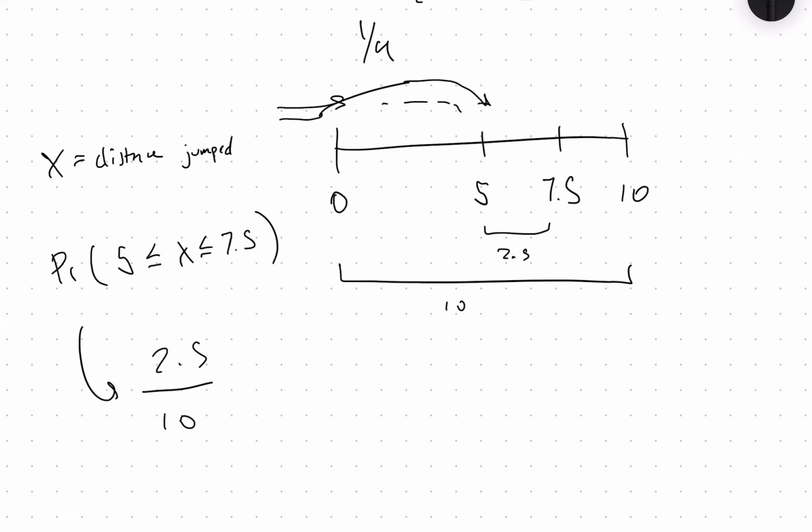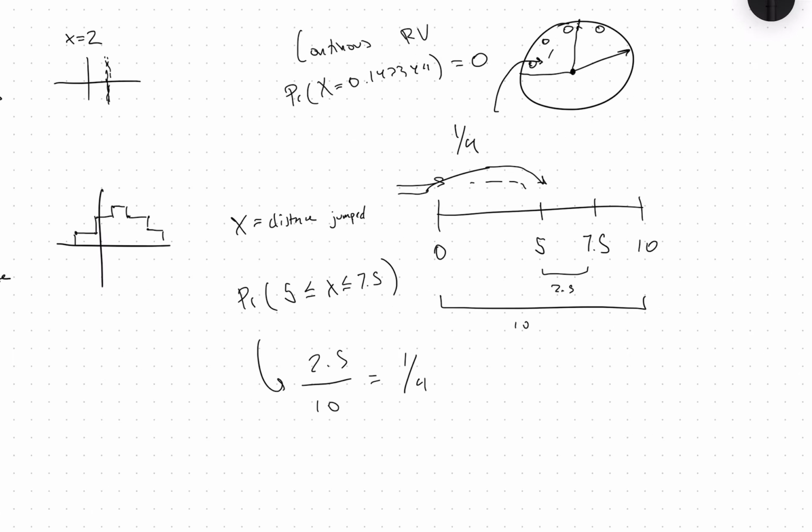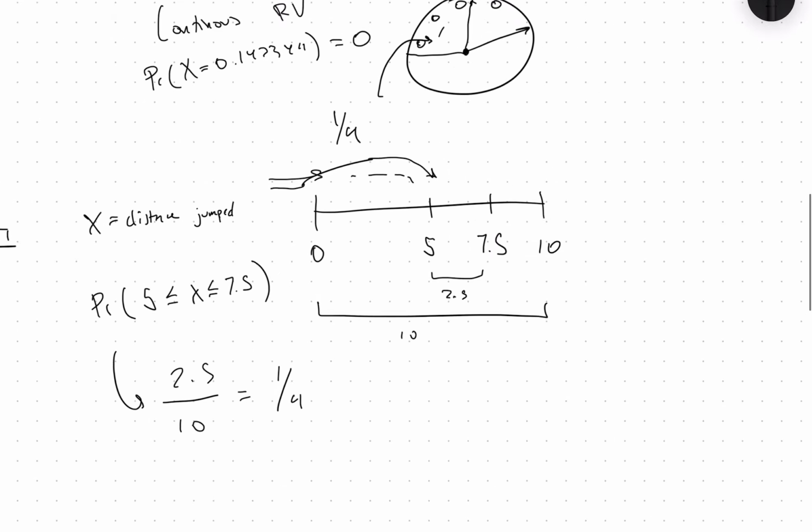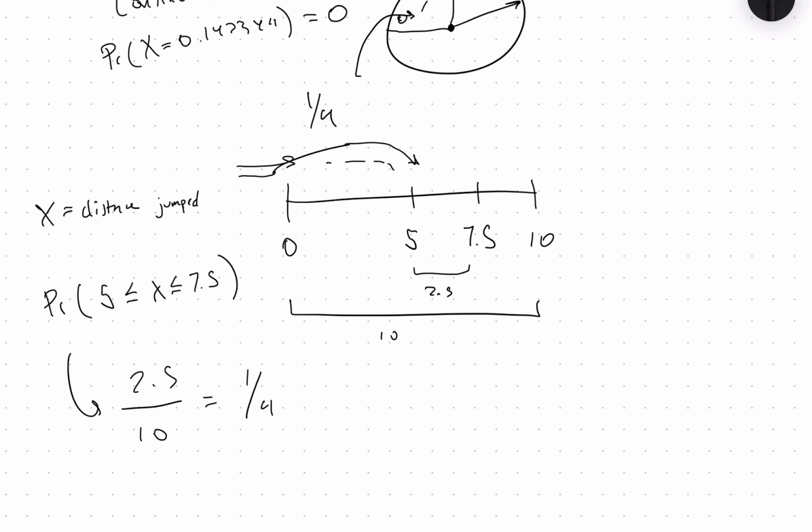And that's kind of the same format. We have this whole sample space, this whole distance, and 2.5, so it's 1/4. Great, so that is a continuous random variable. It's a simple one because all of the intervals are equally likely, but it's a good baseline for us.